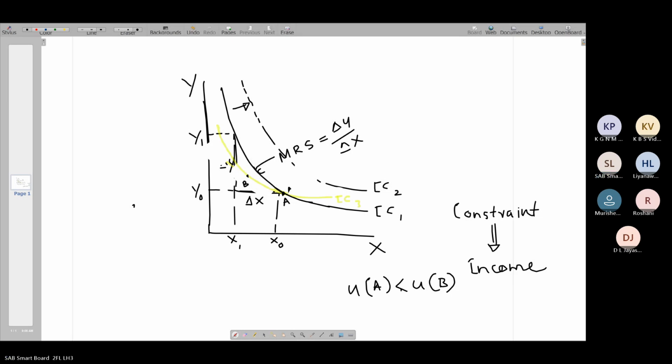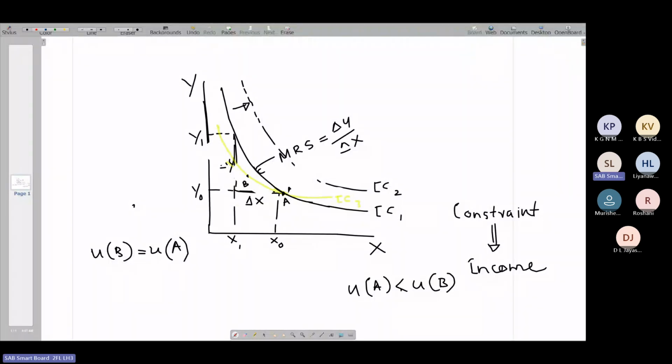So points A and B are on IC3, and points A and C lie on IC1. If we take the utility at point B, utility B equals utility A. What is the reason?